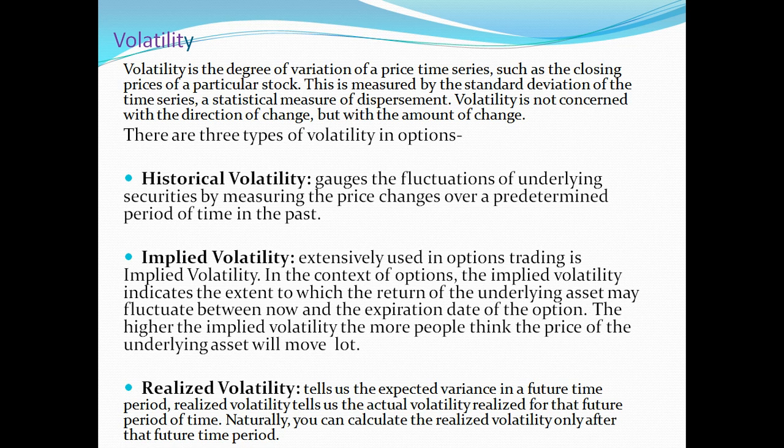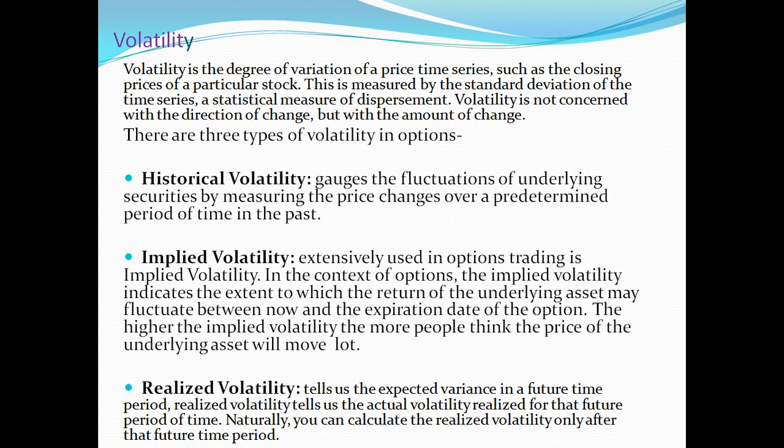So let's go with historical volatility. Historical volatility gauges the fluctuation of underlying securities by measuring the price change over a predetermined period in the past. The second is implied volatility, which is extensively used in option trading. In the context of options, the implied volatility indicates the extent to which the return of the underlying asset may fluctuate between now and the expiry date of the option.